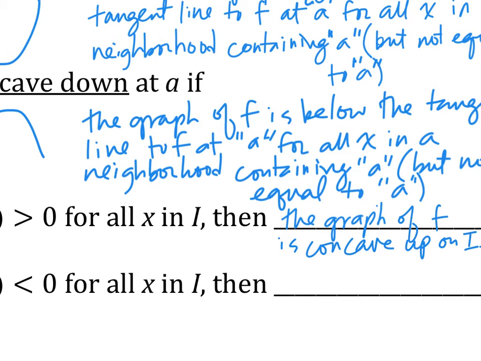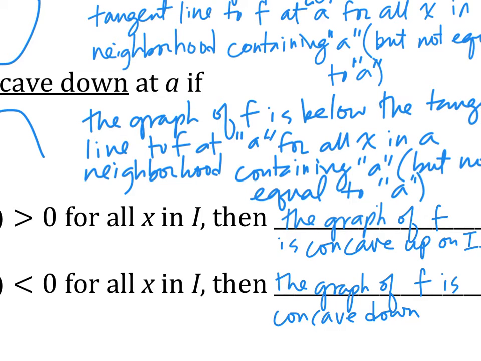Okay, same thing for second derivative less than 0. If the second derivative is negative for all x in interval I, then the graph of f is concave down on I. So if the second derivative is negative, then in the original graph, you'll see that it's like a downwards parabola.